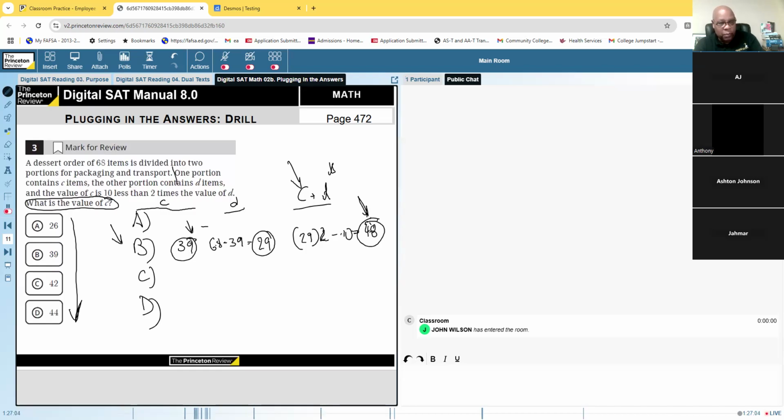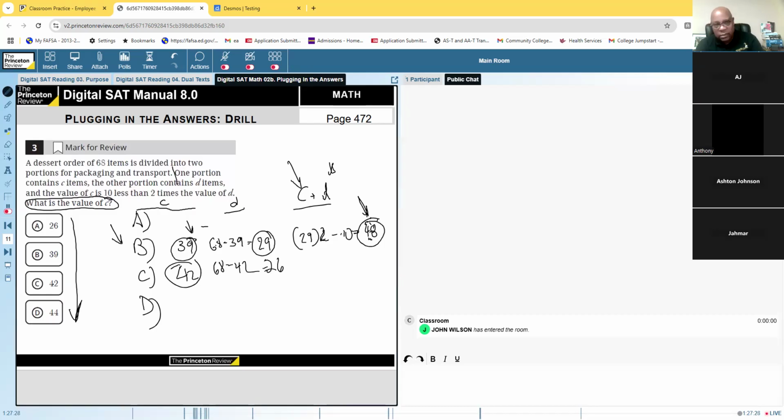So does this equal this? Well, let's see about this one. Because really 48 means we need a larger value for C. So 42 would be here. And then 68 minus 42, what's that? 26, right?